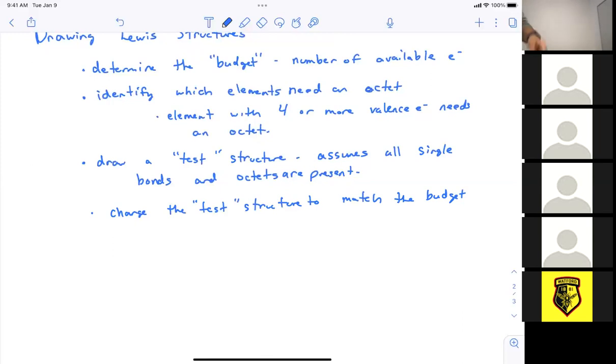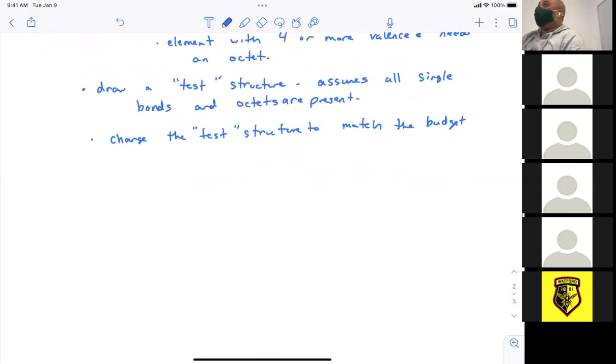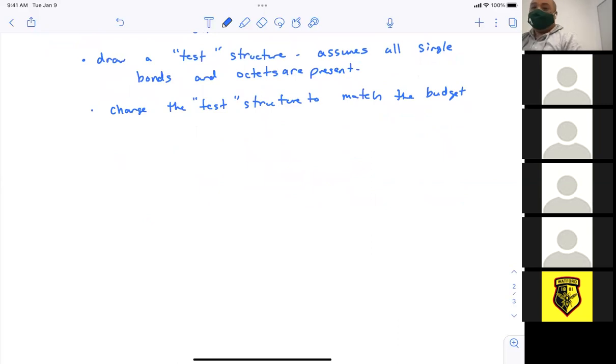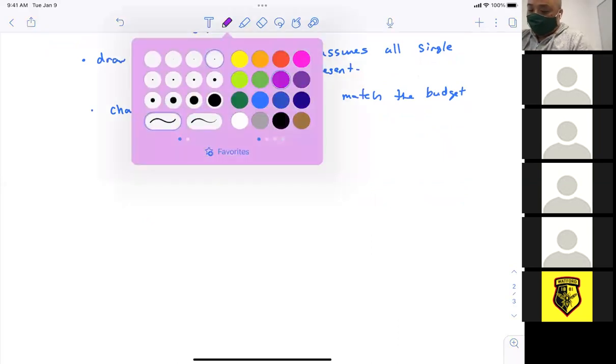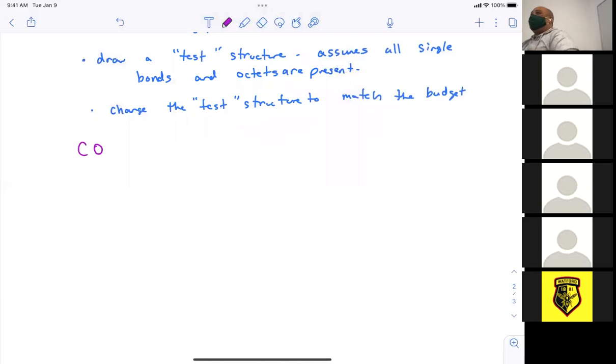Okay. So for example, one of the structures that students struggle a lot with is carbon monoxide. Because when you draw carbon monoxide, it's not obvious how things bond, because you get 4 electrons and 6 electrons.